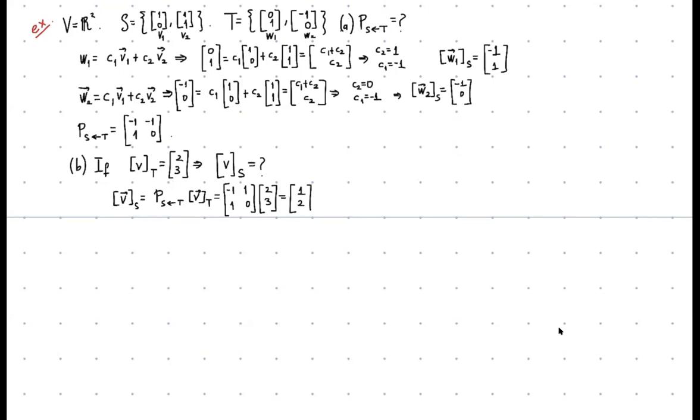So we are given the t coordinates, and the s coordinates is just this. Okay, so this transition matrix really makes it very easy to change from one coordinate to another one.